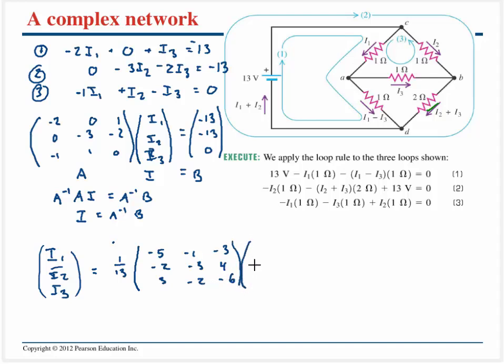Multiply that by matrix B, negative 13, negative 13, and 0. So you multiply those matrices together, and you're going to come out with 6, 5, and negative 1, 6 amps being I1, 5 amps being I2, and negative 1 amps being I3.